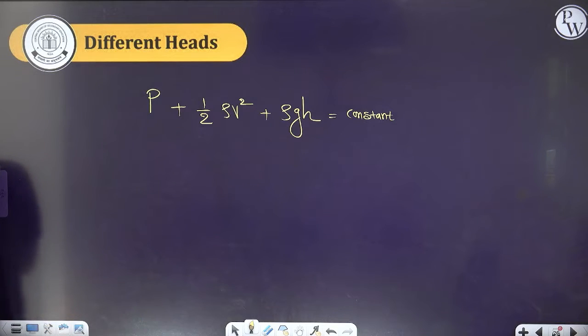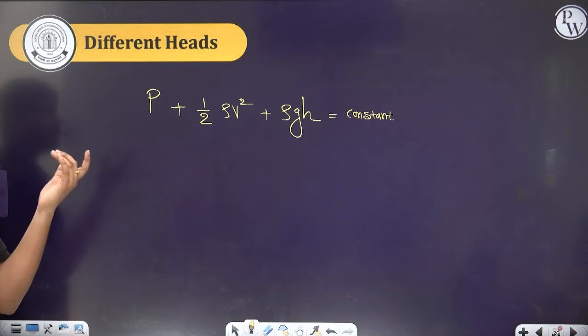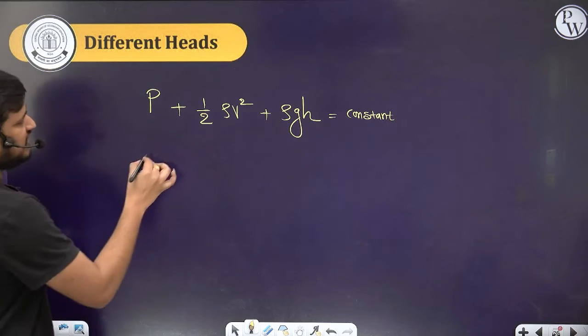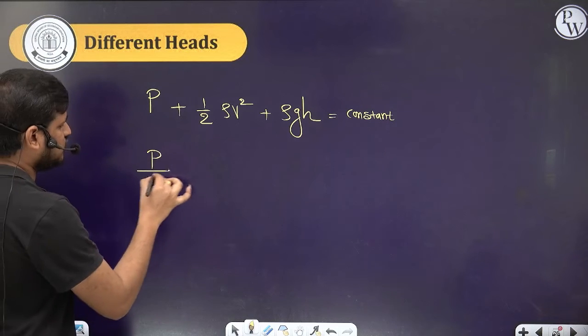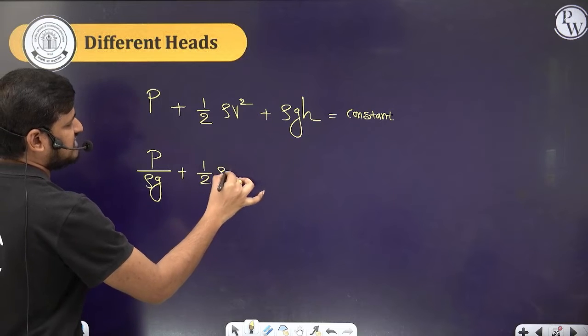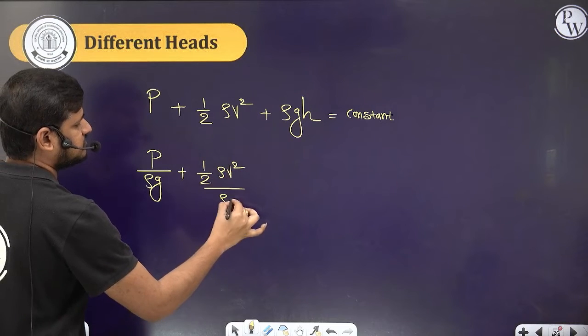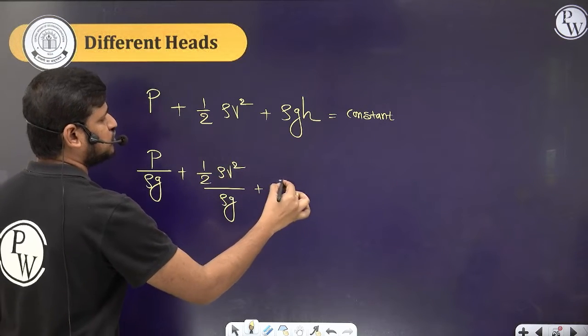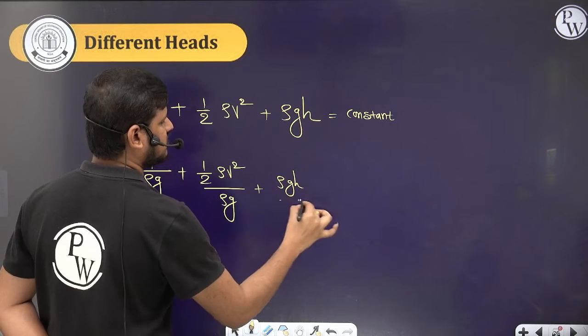So P by rho g plus half rho V square by rho g plus rho g h by rho g.